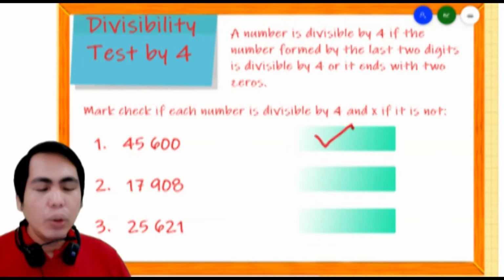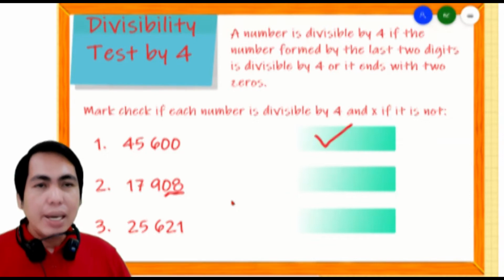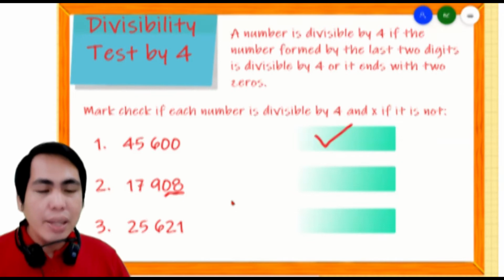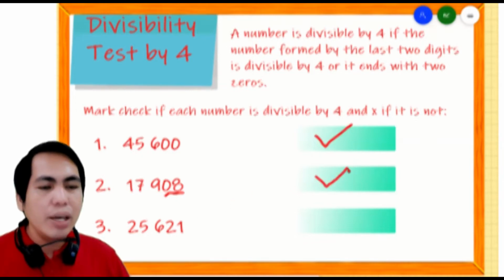Number 2: 17,908. The last two digits are 0 and 8, which form the number 8. Since 8 is divisible by 4, 17,908 is divisible by 4. So this is also a check.